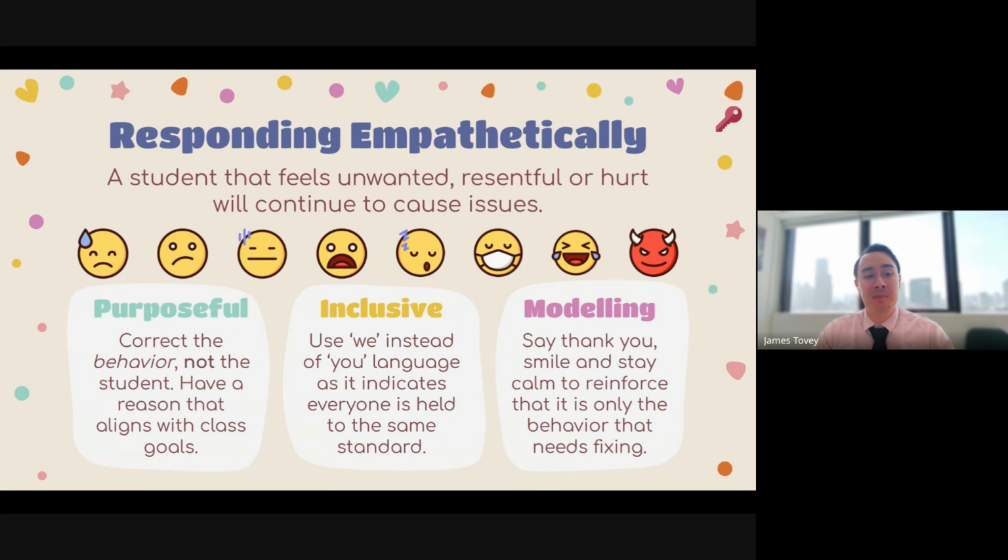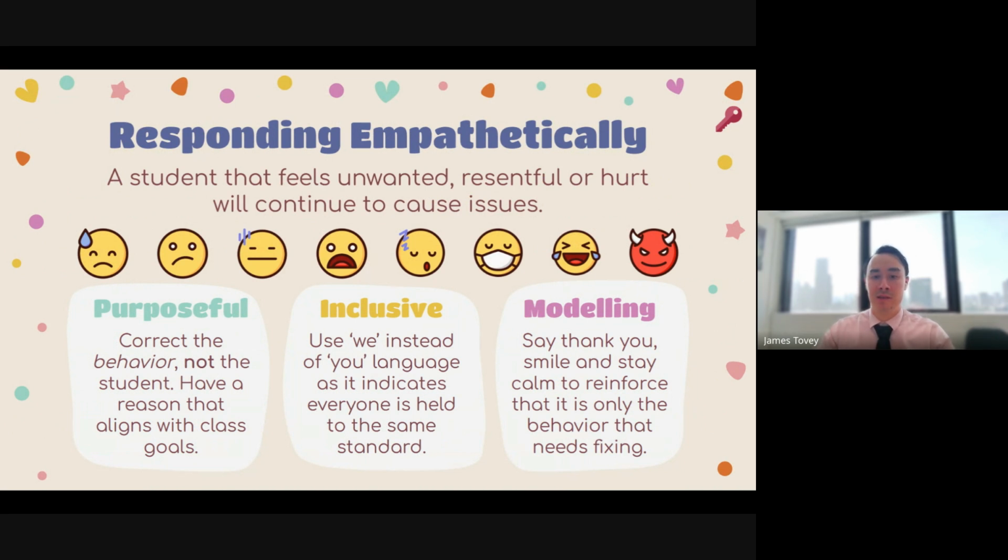Correct the misbehavior or the behavior itself, not the student. Have a reason that aligns with the class goals, so you're not picking on students. It's not James that's being a bad student. It's James is talking, and the whole class is supposed to be listening right now. So we're all going to listen. It's correcting the behavior, not saying James is the bad student.